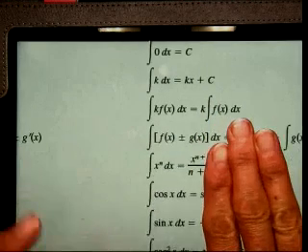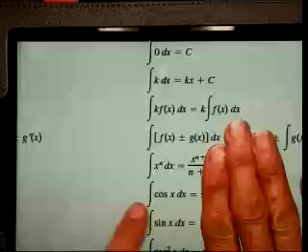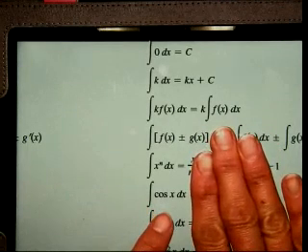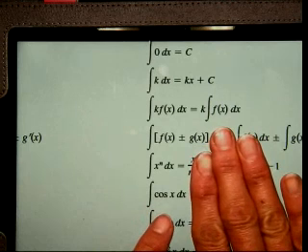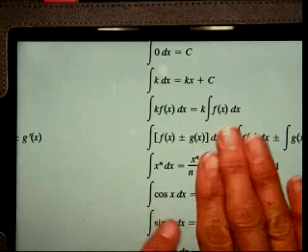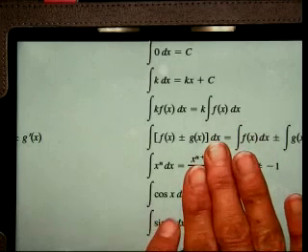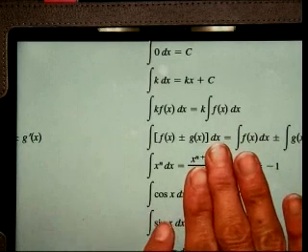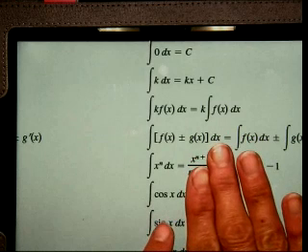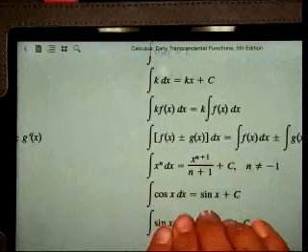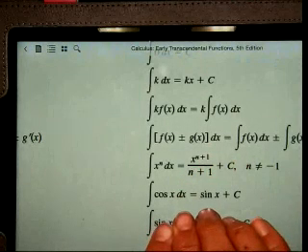What function has as its derivative cosine x? Negative sine of x. Because if you just take the derivative of, whoa. Yes, I got ahead of myself. The antiderivative of cosine is plain old sine, because if you take the derivative of sine, you do get cosine.